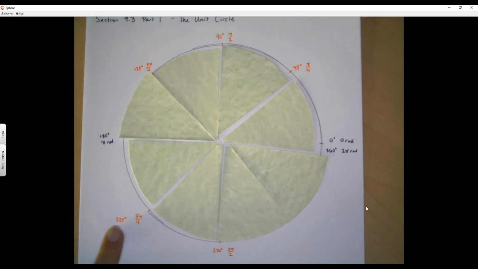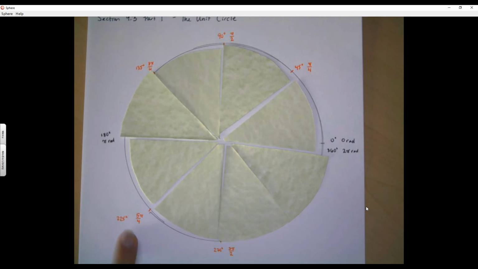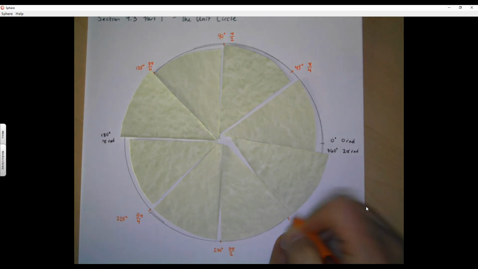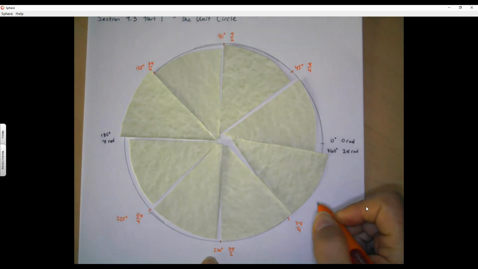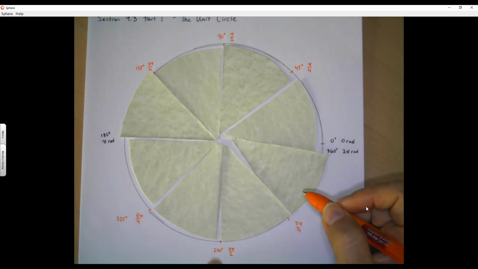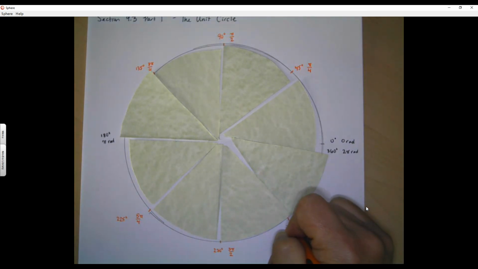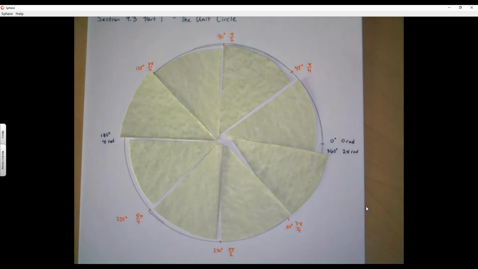All right, so 5 pi over 4, this was 6 pi over 4, which is the same as 3 pi over 2. This right here is going to be 7 pi over 4. And since each of these is 45 degrees, 270 plus another 45 takes us to 315 degrees. And then we'll be back at 2 pi.